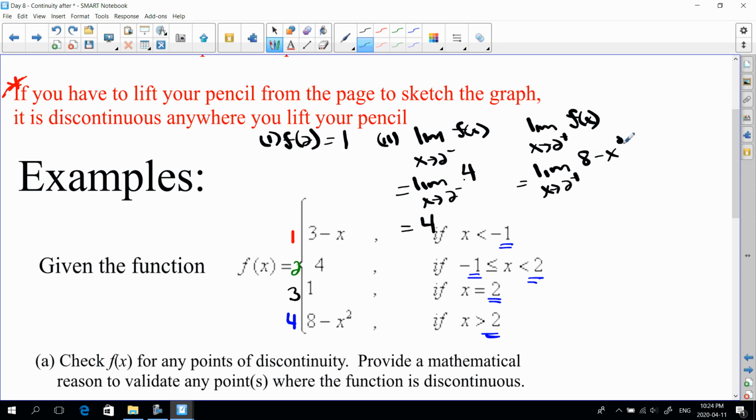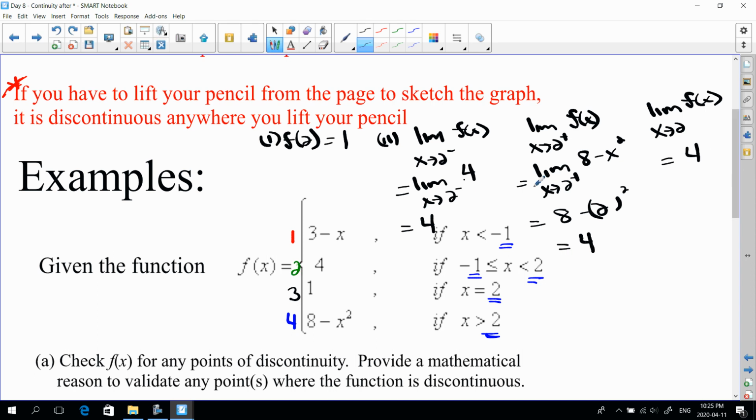I'm just going to plug a 2 in for x and square it. 8 minus 2 squared, 8 minus 4 is 4. So the limit as x approaches 2 of f of x would equal 4.